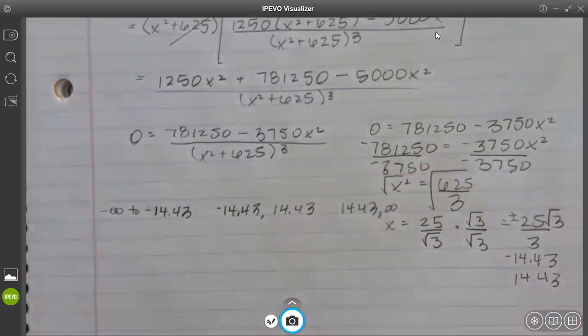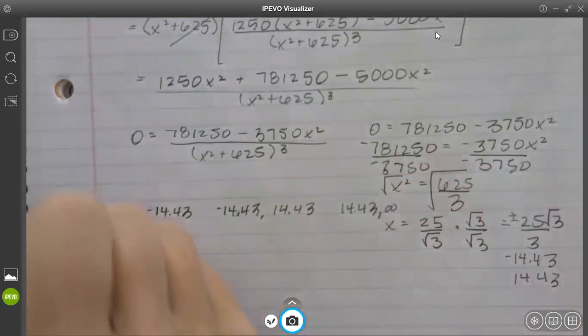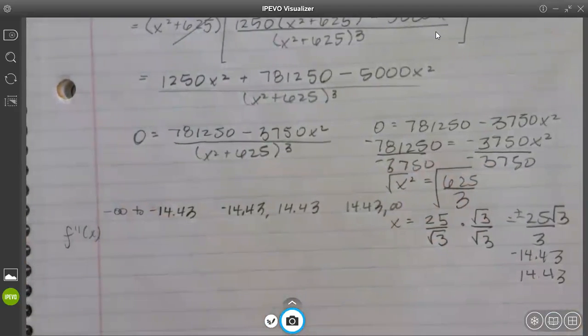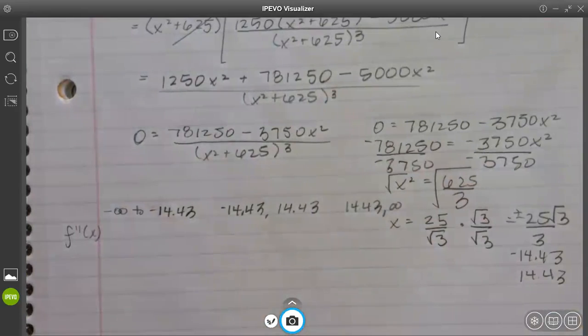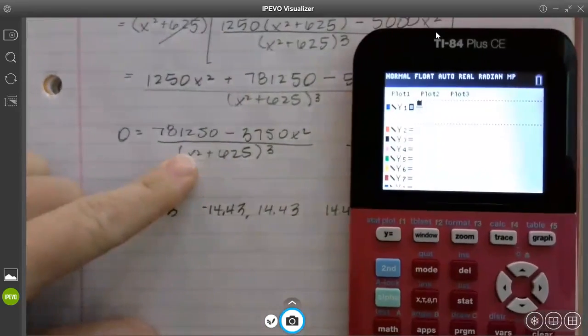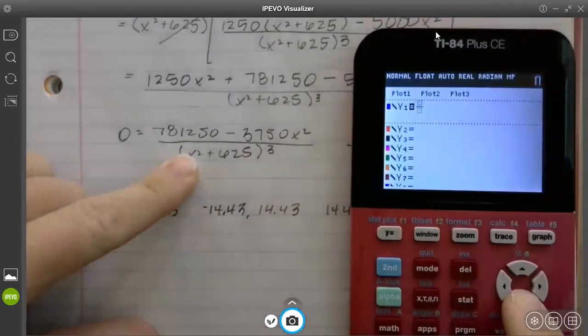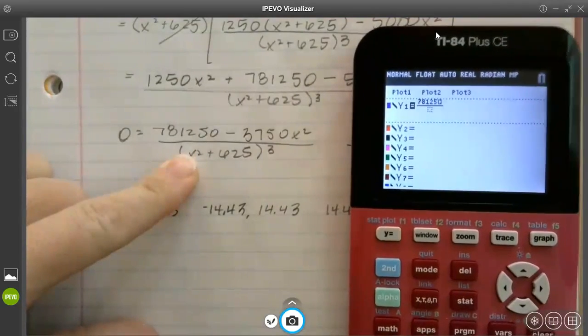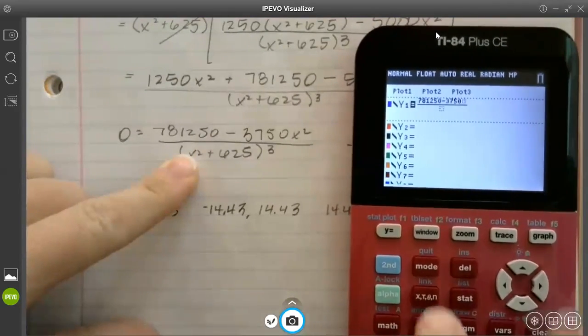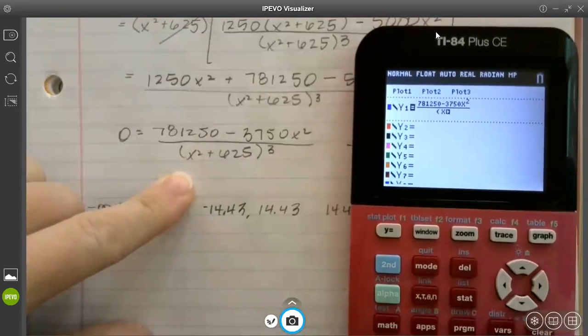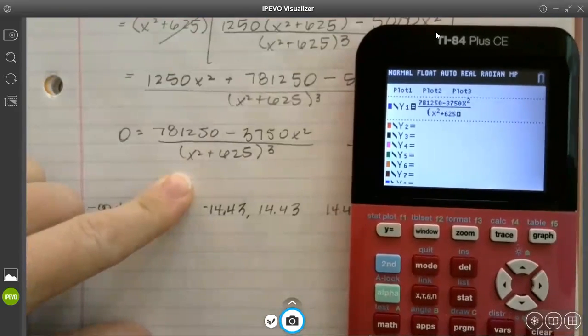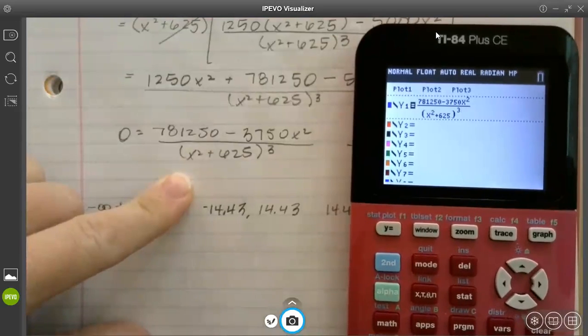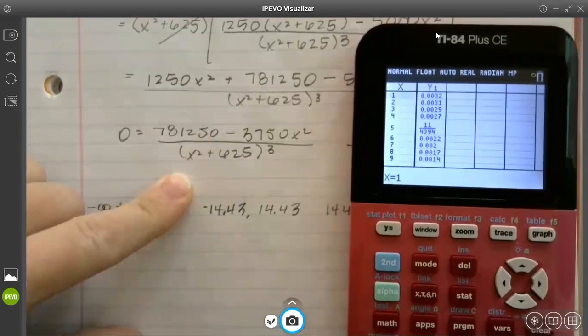Good. Okay, so there's your values. You plug them into f double prime. Remember, we didn't have to simplify. It's right here: 781250 minus 3750 x squared over x squared plus 625 to the third.